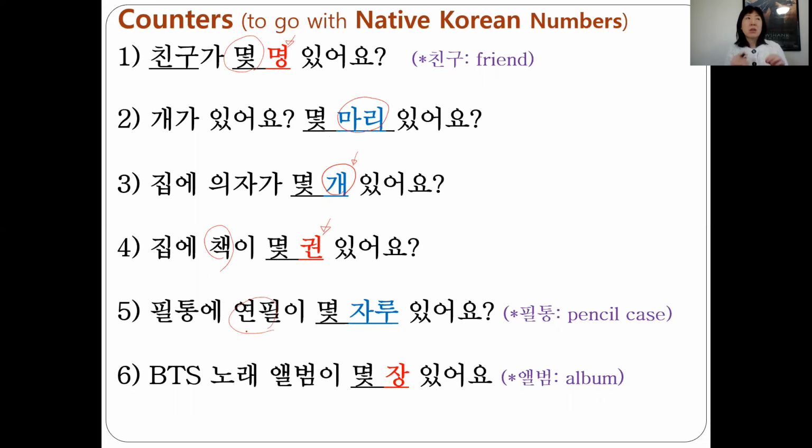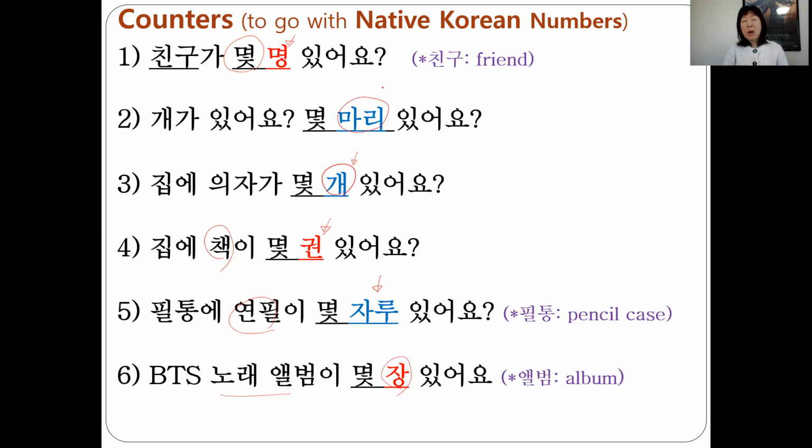Items that are thin and long, like 연필 and umbrella, the unit is 자루. And in case of DVDs, movie DVDs or music album DVDs, we say 장. It will be great if you remember these counters.